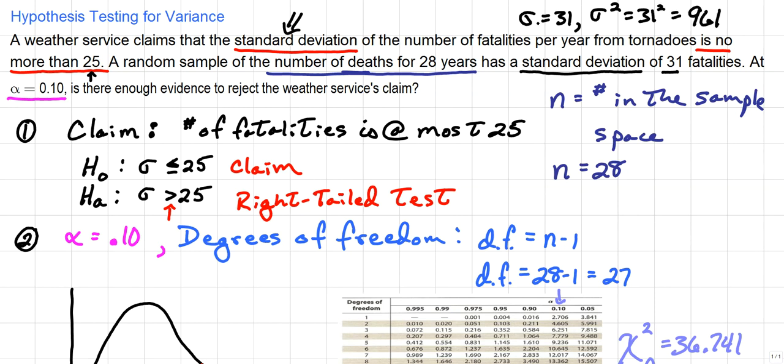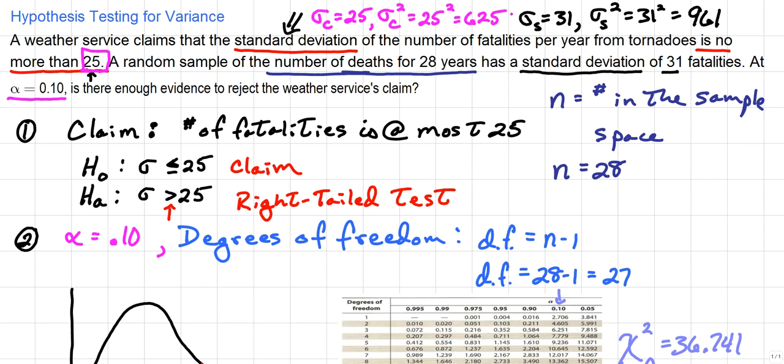And notice that I'm going to identify this standard deviation with a sub s and this variance with a sub s to represent sample. I also need to look at the fact that the claim is no more than 25. So the standard deviation claim is equal to 25. Therefore, the variance for the claim will be equal to 25 squared, or 625.